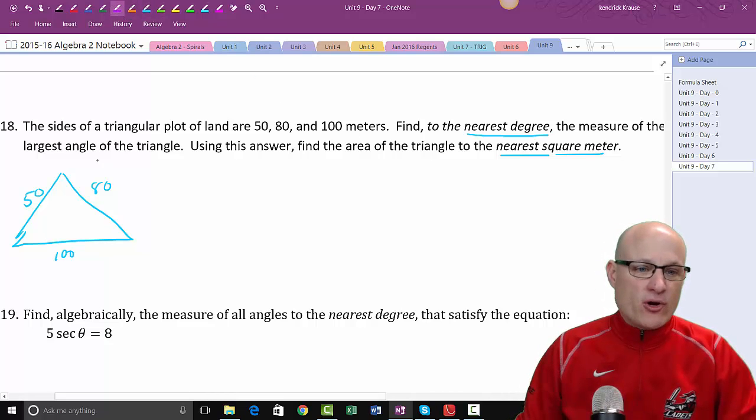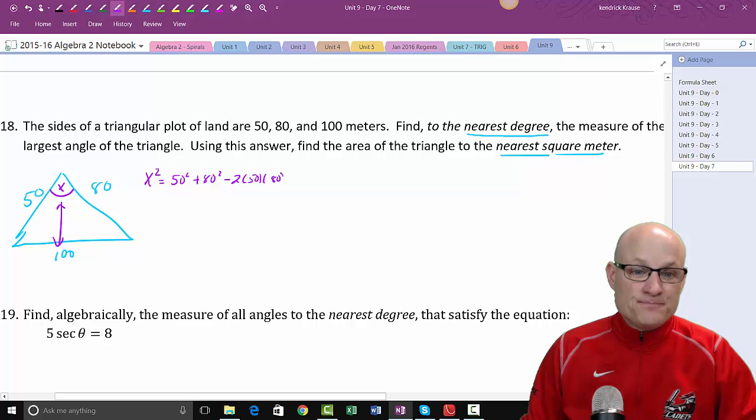Well, first of all, you have to know that the largest angle is opposite the largest side. So we're going to be looking for this angle here. So these two things have to be on the opposite side. So we're just going to start going. X squared is equal to 50 squared plus 80 squared minus 2 times 50 times 80 times the cosine of x.